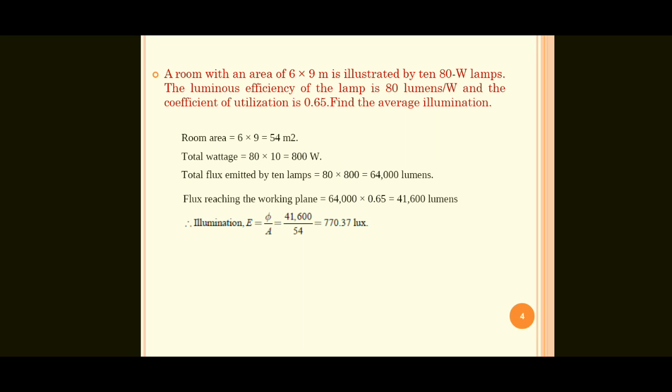Find the average illumination. These problems are important for ESET exams as well as for 2 marks questions, 1 mark and short questions. We may expect this type of models for short questions. These are covered already in old questions, with small changes where the values are changed.